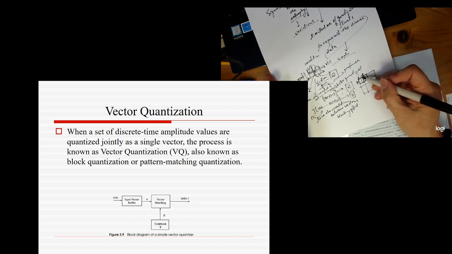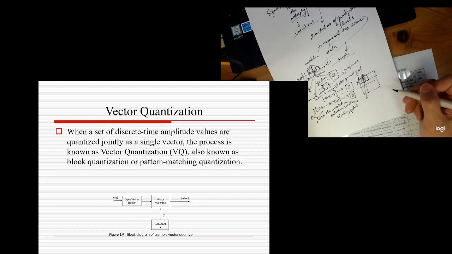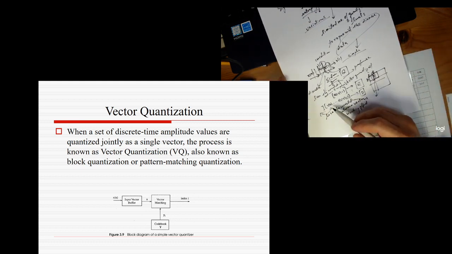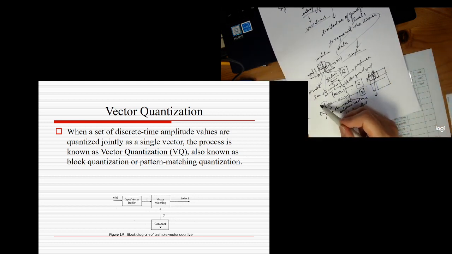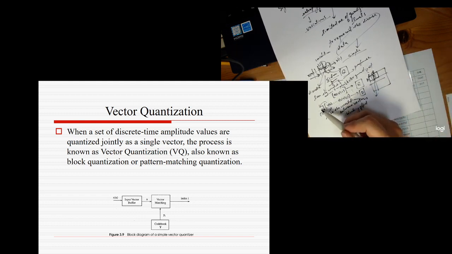So they do not consider the neighboring block's boundary information. This we call the blocking effect. Likewise in vector quantization, you do not consider the neighboring vector correlation, though these signals are neighbors and should have some correlation.